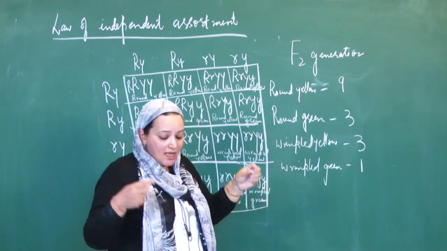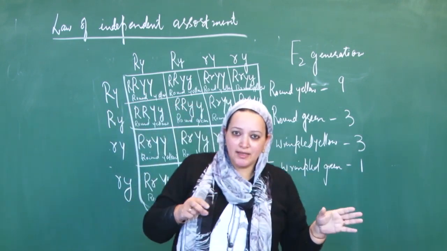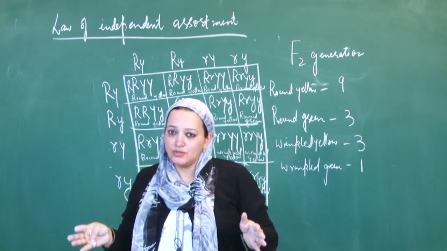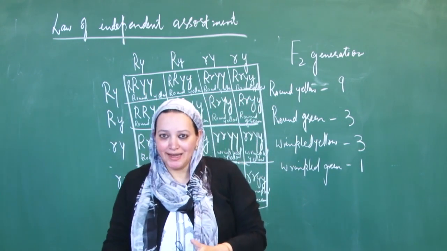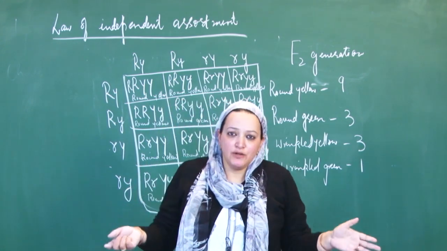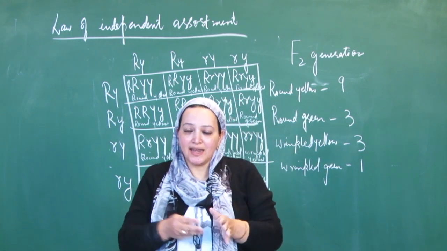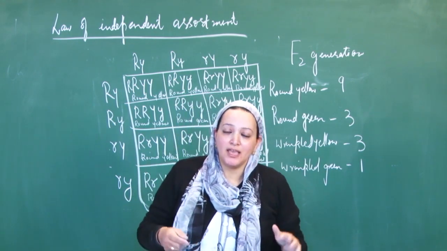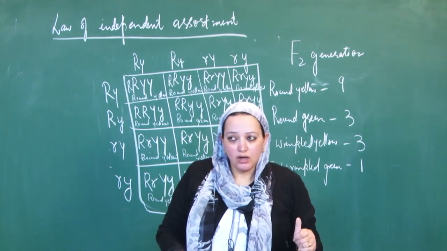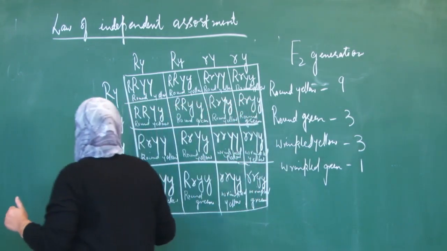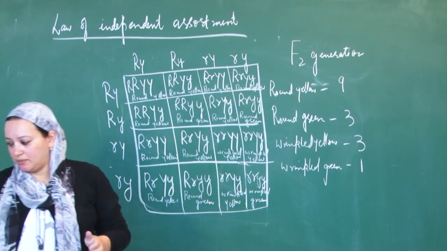This means that the genes for different characters, although they are together in one generation, assort independently at the time of gamete formation. These characters are not dependent on each other. This is what is called the third law, that is law of independent assortment.